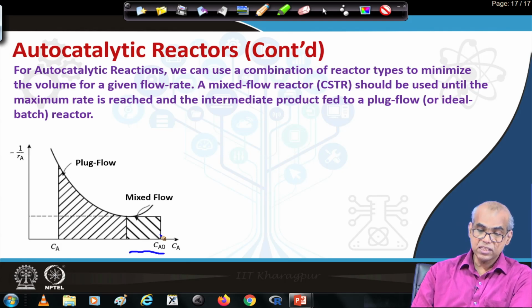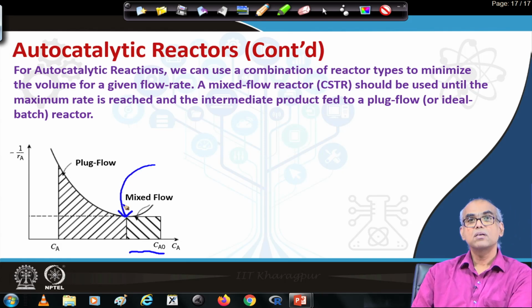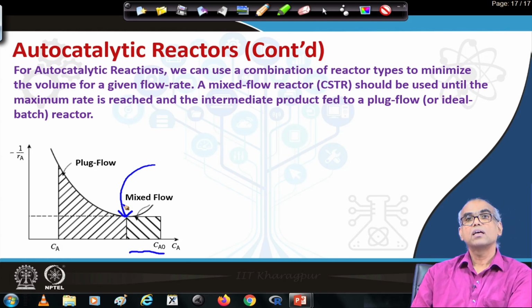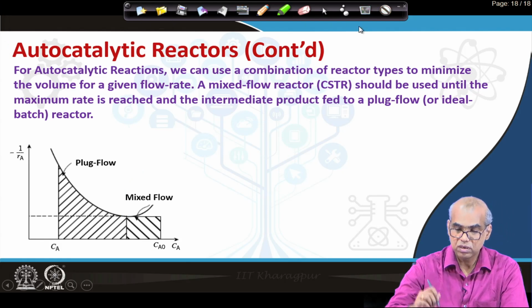So, I take CSTR up to the point where rate is maximum and then the remaining part I use PFR. That way I can minimize the total volume requirement.